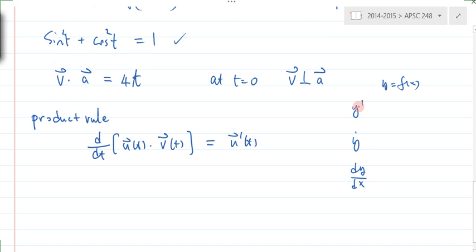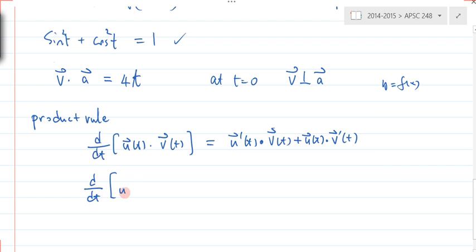There are three ways of writing derivatives. In this case, it's not multiplication because it's a dot product, so it's a dot product here, and u dot v prime of t. Each notation actually has different names. That's the dot product.